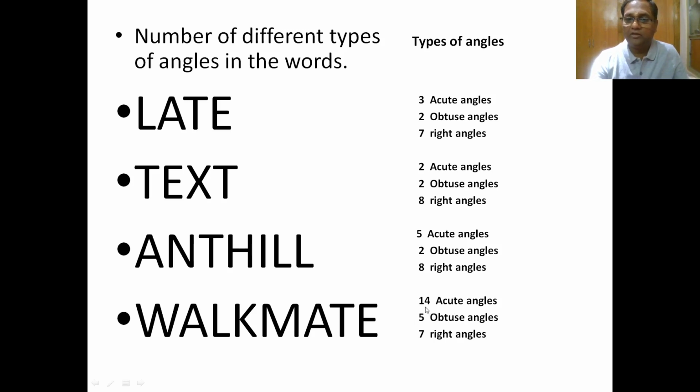There are 14 acute angles here. Let us count obtuse angles: 1, 2, 3, 4 and 5. 5 obtuse angles. And let us count the right angles: 1, 2, 3, 4, 5, 6, 7 right angles.